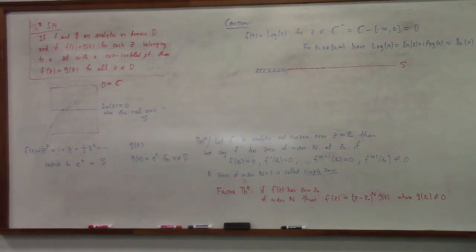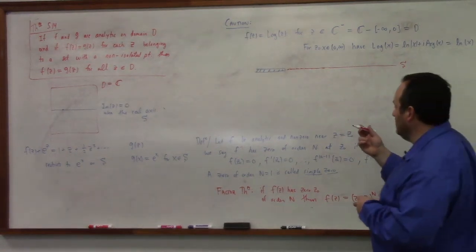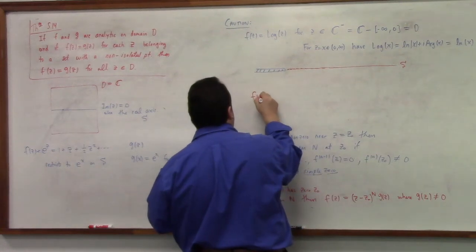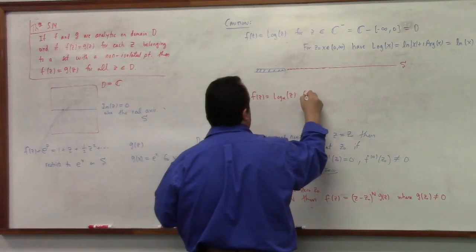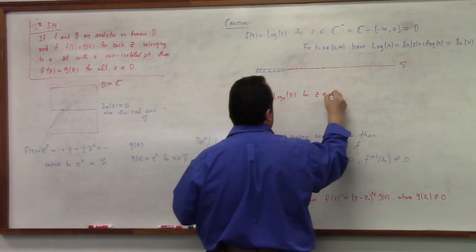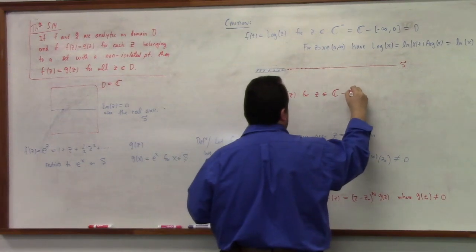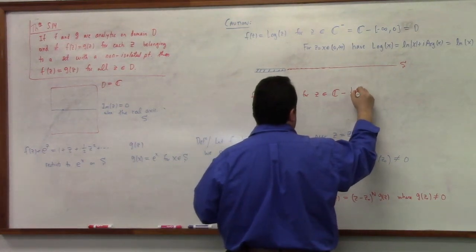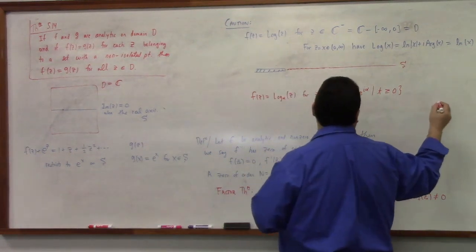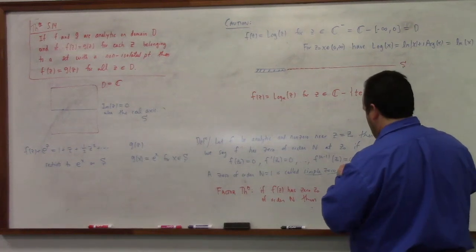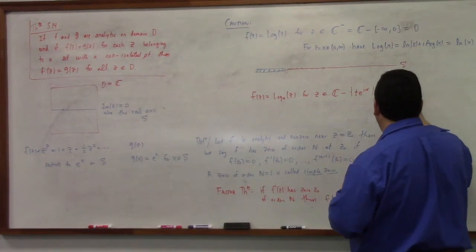In the worst case, if you look at the one that has the jump at 0, but if we look at log alpha, this one, we're removing the ray t e to the i alpha, chopping out the ray at alpha, wherever that is.